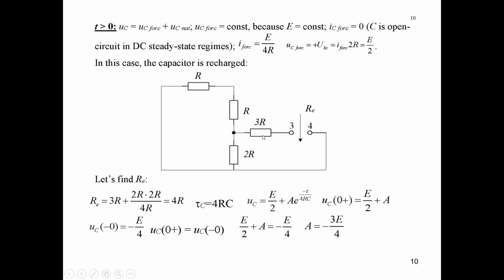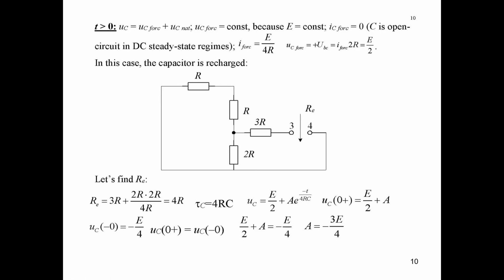For such a schematic, this R and this R will be connected in series and in parallel to these two R. You see, this is one branch and in parallel to these two R. So 2R and 2R connected in parallel, the equivalent resistance will be 2R multiplied by 2R over 2R plus 2R.